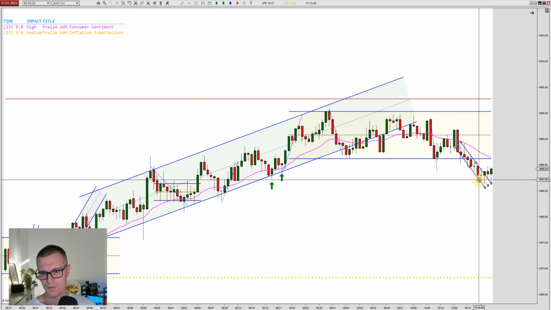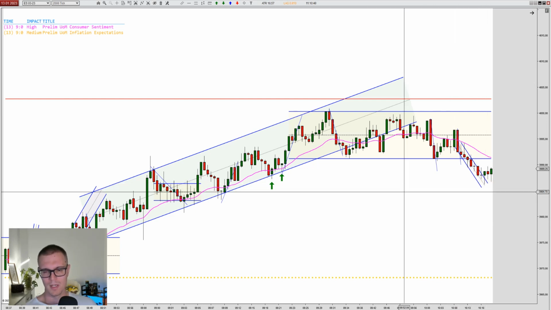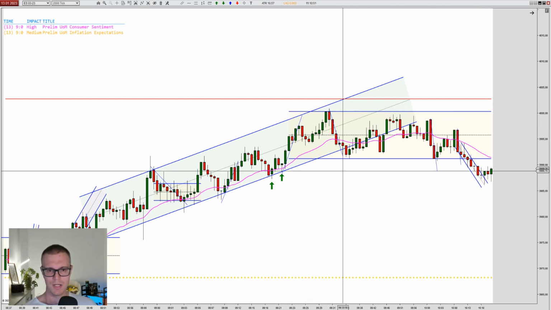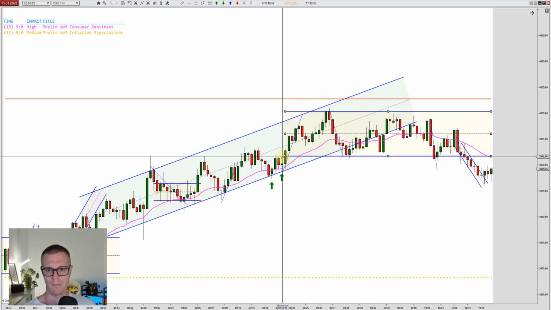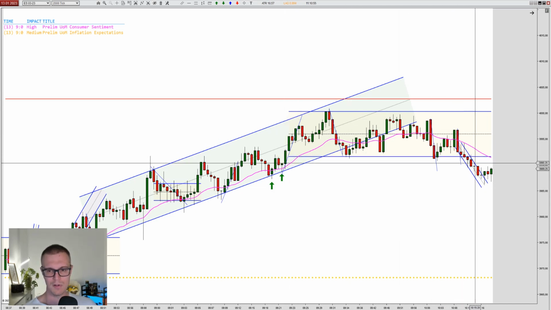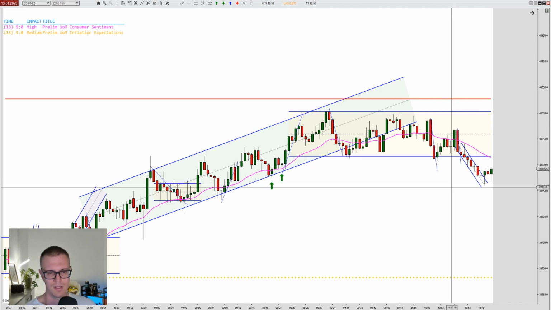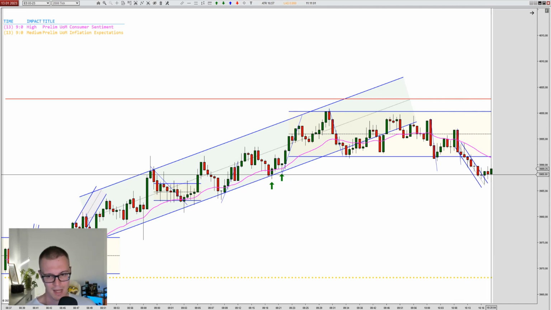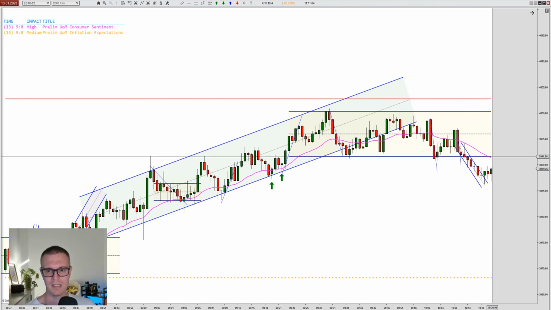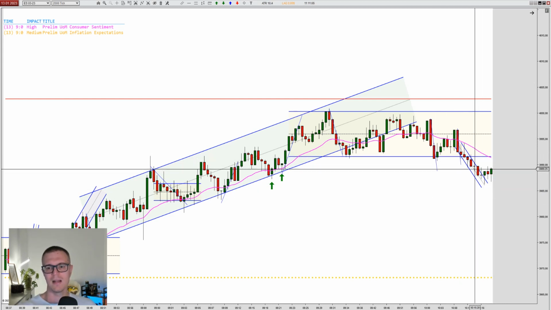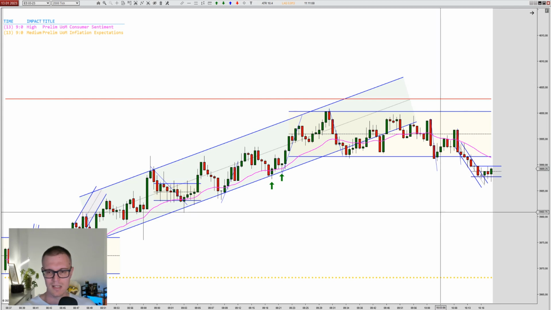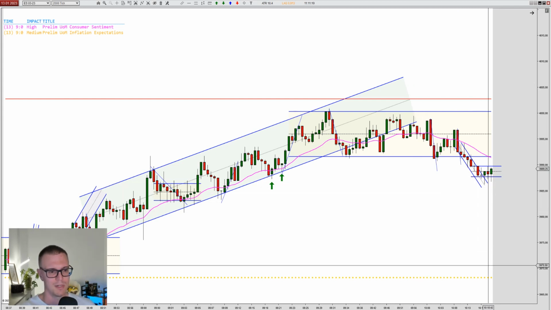And this is interesting now, because if you consider this range here, how I drew it, as valid, then this is the first breakout of the range, and most breakouts fail. So there's the higher low here, back to the EMA, but I can understand if you say this is congestion, better not to risk it.